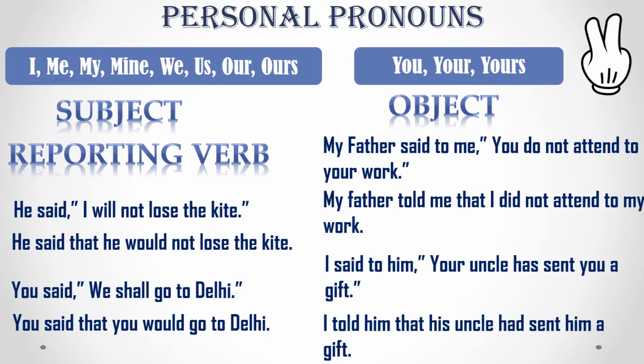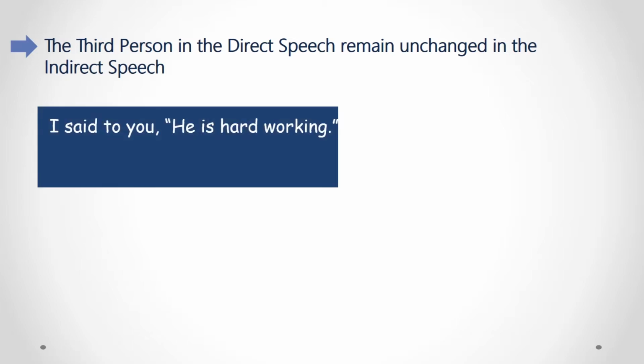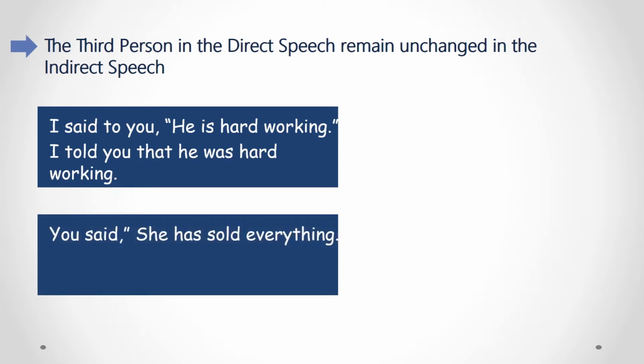I told him that his uncle had sent him a gift. Pronouns of the third person in the direct speech remain unchanged in the indirect speech. For example, I said to you, "He is working hard." I told you that he was working hard. You said, "She has sold everything." You said that she had sold everything.